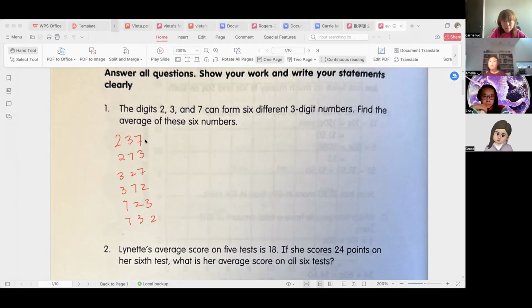So Grace and Amelia, take a look. Okay, so 237, is it 2 times 100 plus 3 times 10 and plus 7 times 1, correct? The same thing as 2 times 100 plus 7 times 10 and plus 3 times 1. So I want you to rewrite all of them this way.